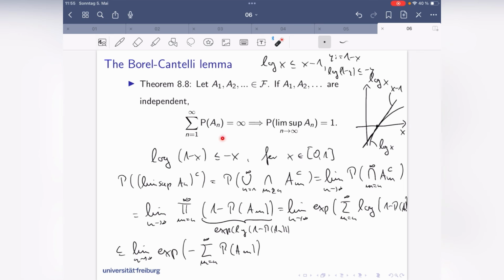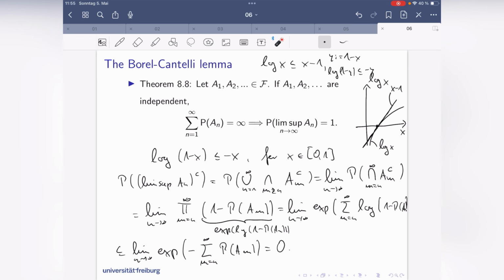Since this here is infinity, well, I can also start at m and it stays infinity. So this here is infinity for all n, which means that this here is e to the minus infinity, which is 0. And we are done, because we have shown that the probability of the complement of this here is 0.